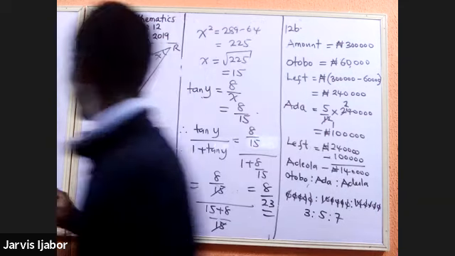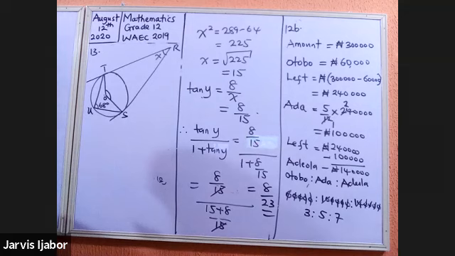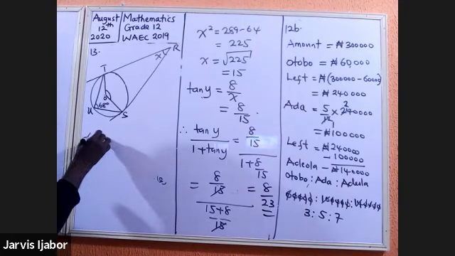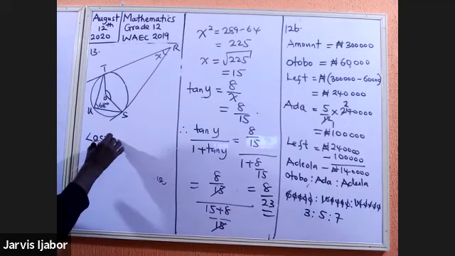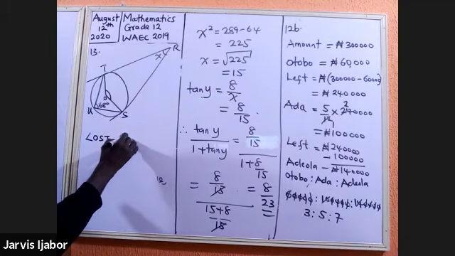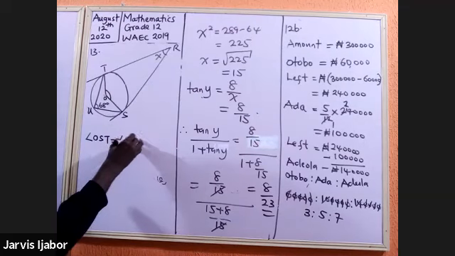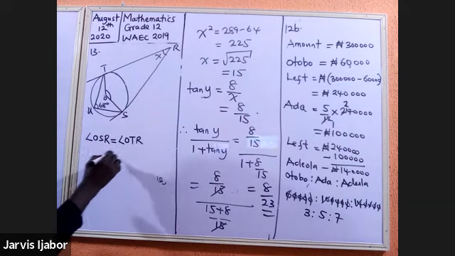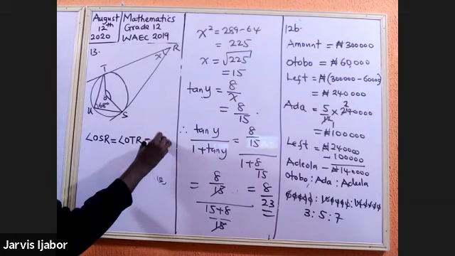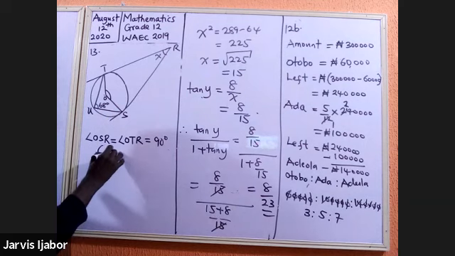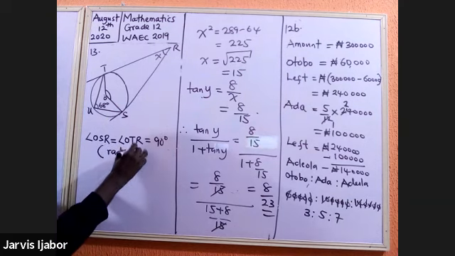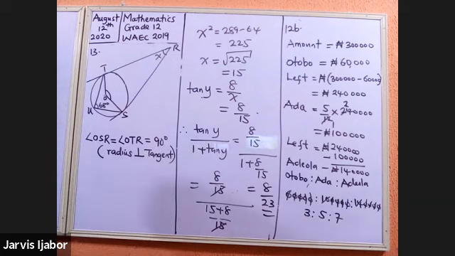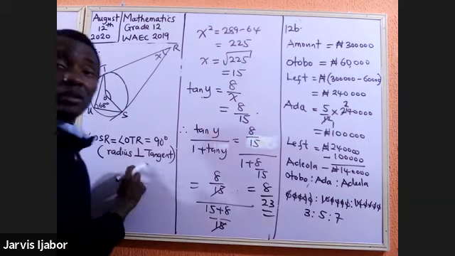One thing you must know is this: angle OST is equal to angle OSR, and is equal to 90 degrees. What is the reason? Radius perpendicular to tangent. That's the first thing.